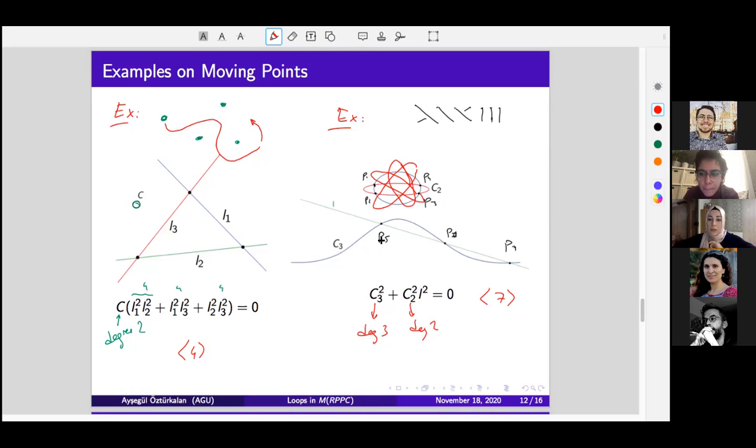In the second one, for example, if you want to move these points here, this is P1, P2, P3, let me say. Yes, but I was more curious about movement of C2.